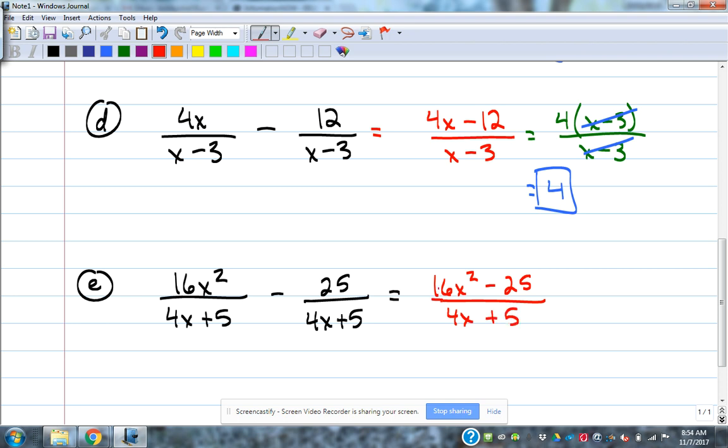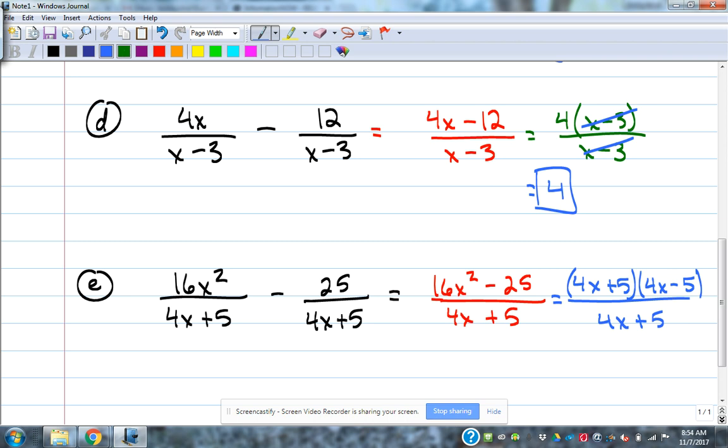And then we always, when we add and subtract fractions or multiply fractions, we're always looking to reduce anytime we got fractions. So will the numerator or the denominator factor here? How? Because it's a difference of squares.